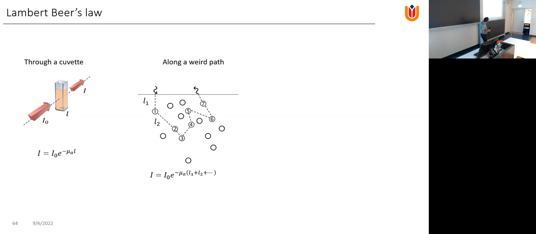So here you would have light that is incident on tissue, and it travels to a location L1 where it is scattered, and then to a location 2, and then to 3, and then to 4, etc. These are all quasi little cuvettes, but they're inside the tissue. So you can apply this Beer's law along this path sequentially: mu_a times L1 plus L2 plus L3, etc. So it applies along this weird path.